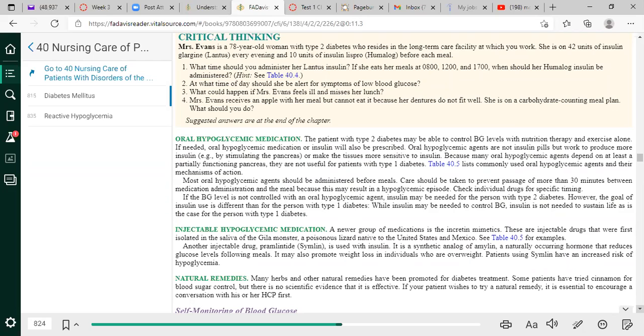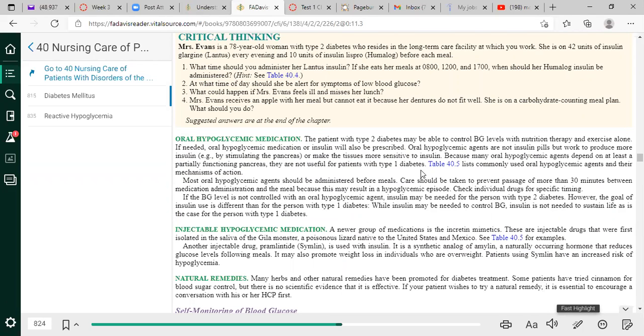So the pills that diabetic or pre-diabetic patients are receiving are not insulin, but they do work to lower your blood sugar. They work to produce more insulin.